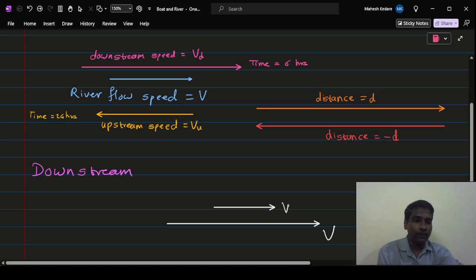We represent that speed of the boat relative to river by say Vd dash. Vd dash represents boat speed relative to river.